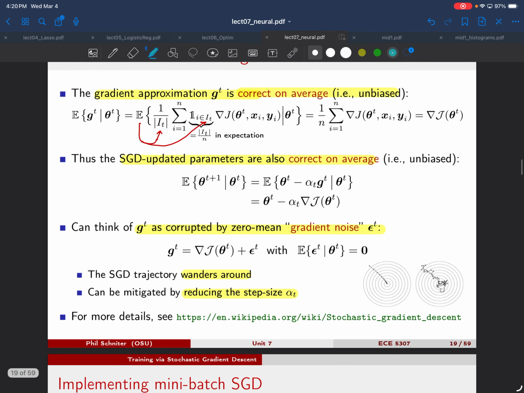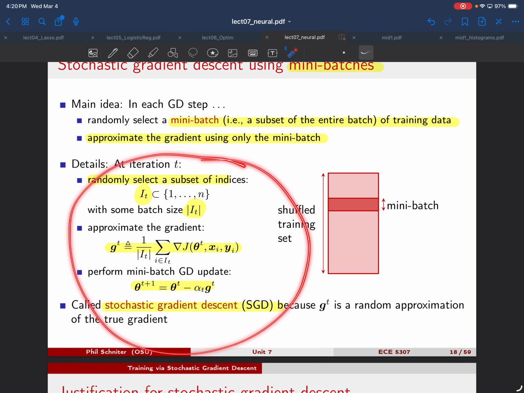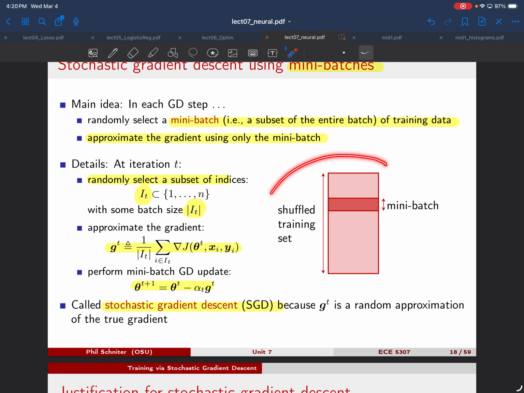Rather than doing it completely random as suggested here, what's actually done is more like what's in this picture. You shuffle your entire training data set, and then on this shuffled data set, you pull out mini batches sequentially. This would be your first one, this is your second one, this is your third one, and so on until you make your way to the end.